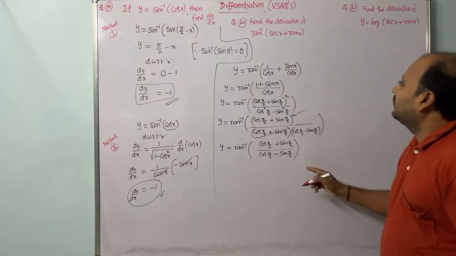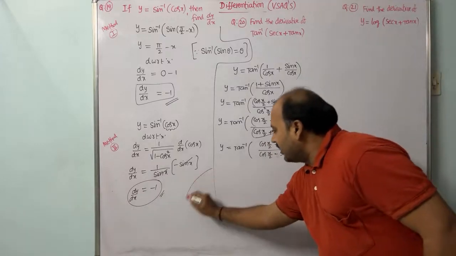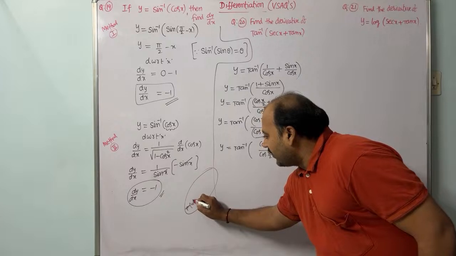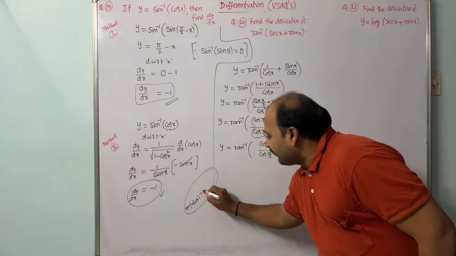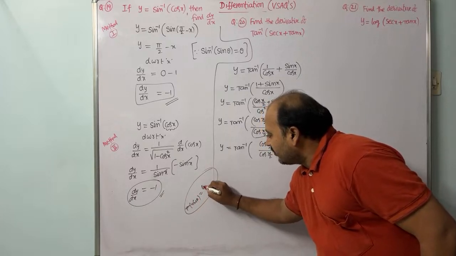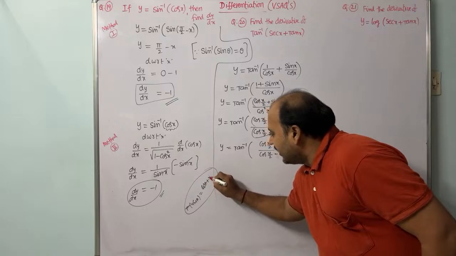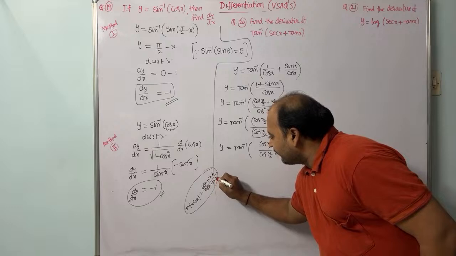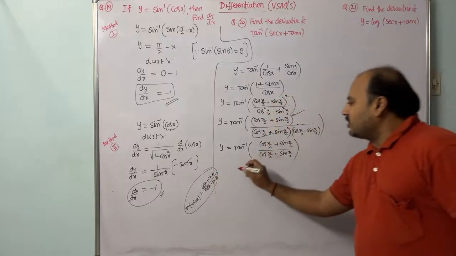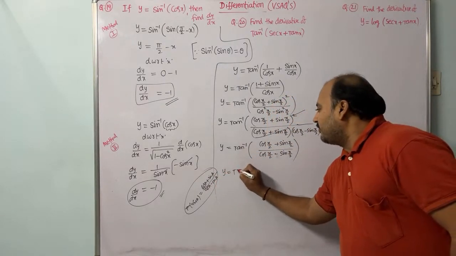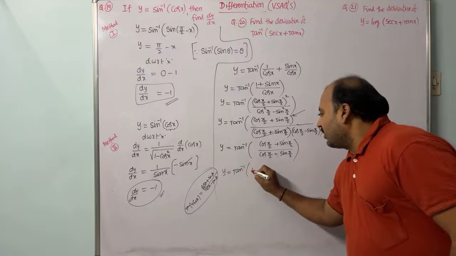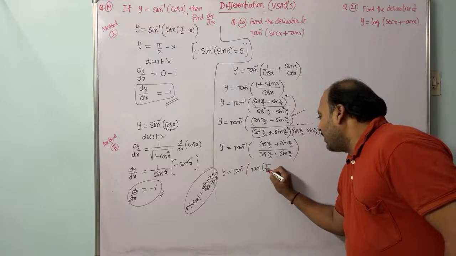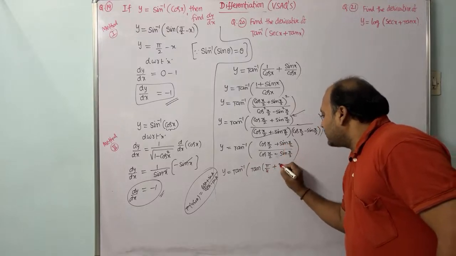If here I write the formula, tan of 45 plus a equal to (cos a plus sin a) by (cos a minus sin a). So therefore y equal to tan inverse of tan of 45, meaning pi by 4, plus x by 2.